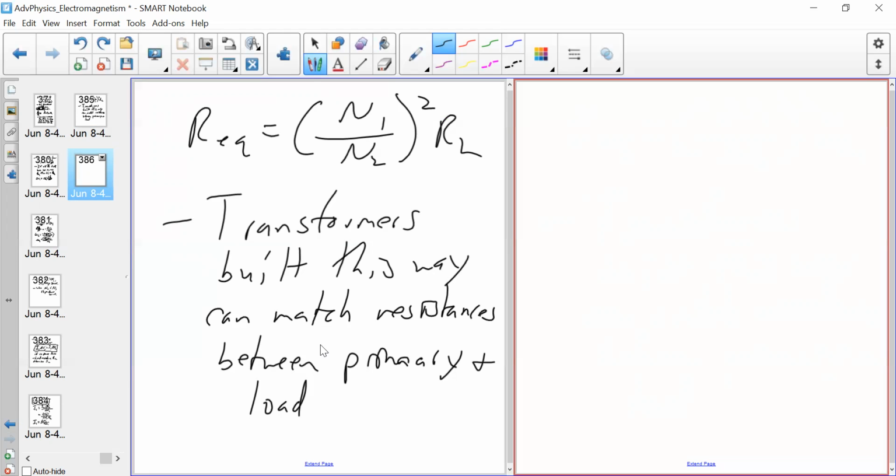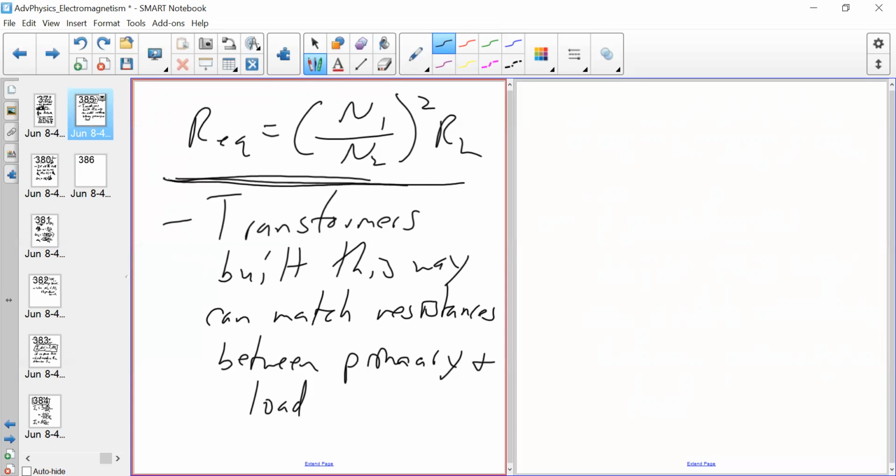You're going to get the maximum amount of power transmission when you set up your primary and secondary in such a way that obeys this relationship right here.